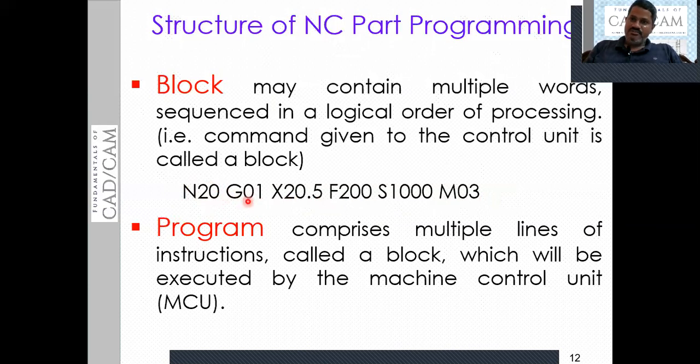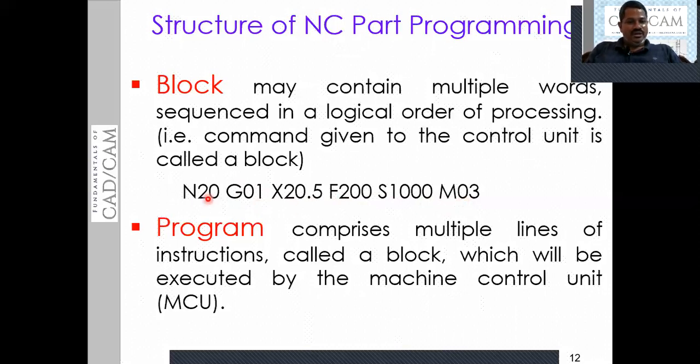Then we have the G function here. We will discuss what exactly G01 is. Then you have the X coordinate function, then the feed function, the speed function, then one more function, the M function, which in turn we can call a miscellaneous function.